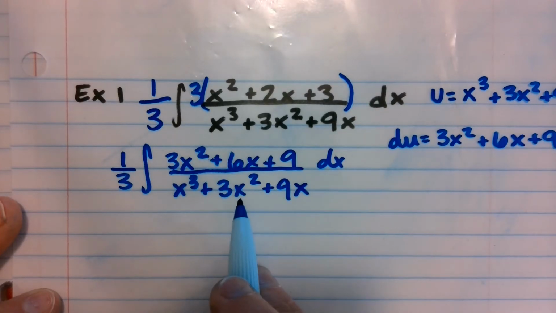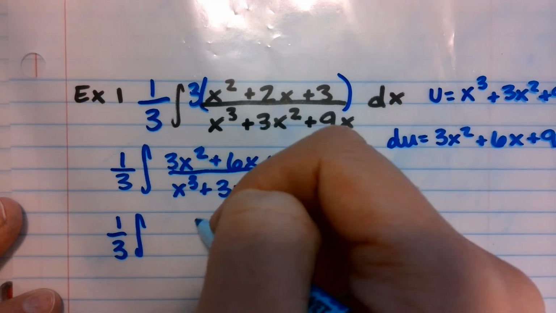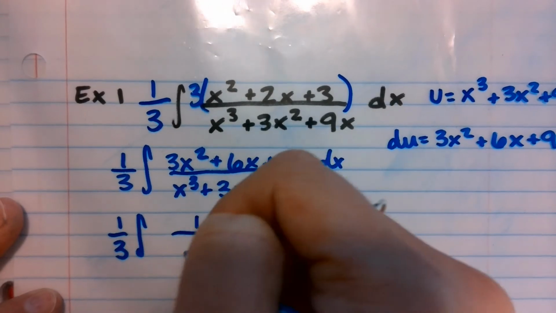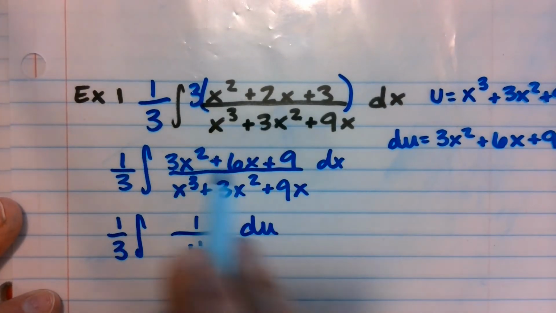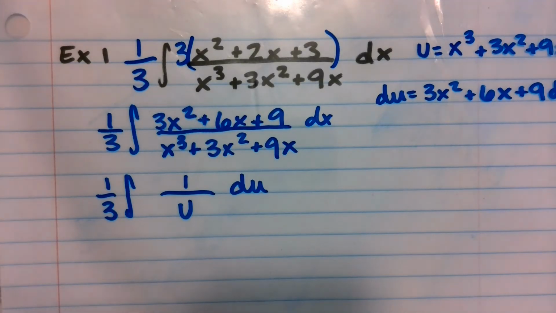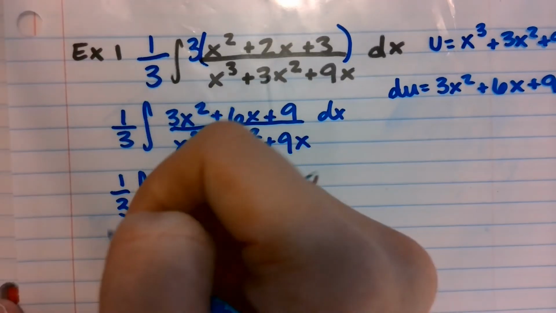My denominator is my u. So I'm going to go ahead and do substitution here. I've got my 1 over u, and then this whole thing becomes du. And now this is what we were looking for, the integral of 1 over u du, which we just learned.